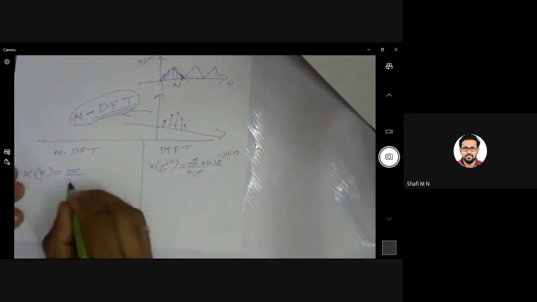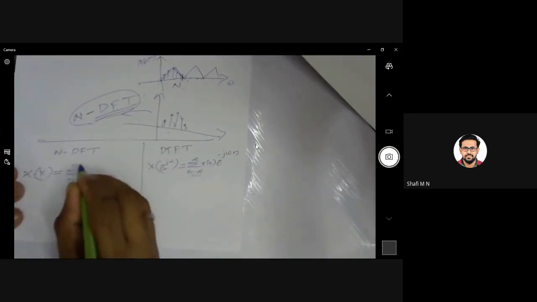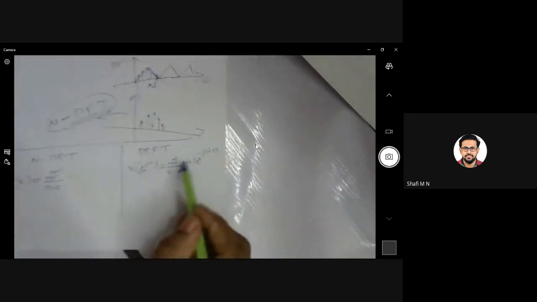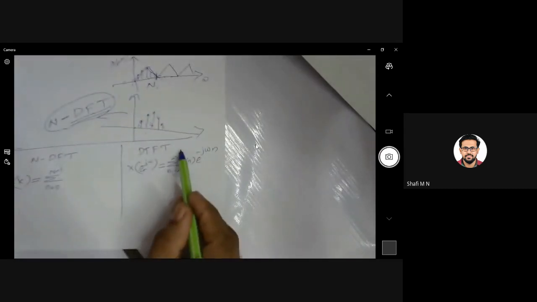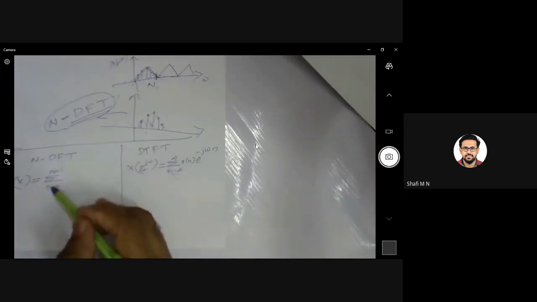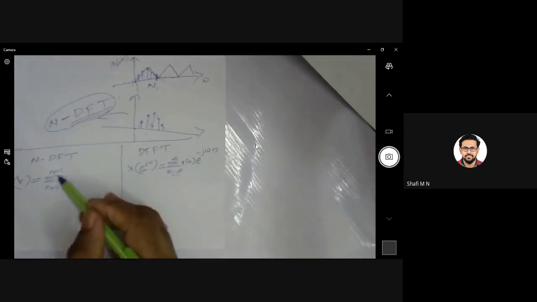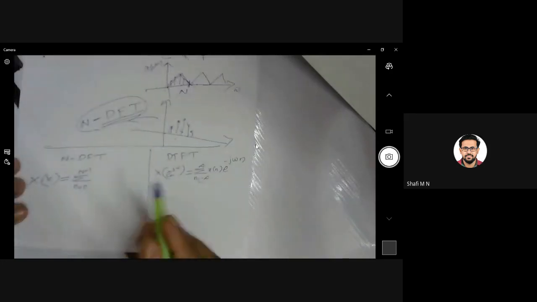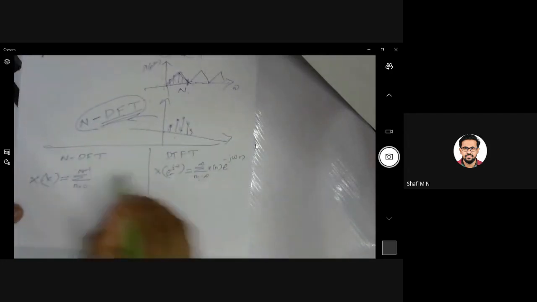Now it will be restricted from 0 to N minus 1. The reason is that when it is discrete in one domain, it has to be periodic in the other domain. Your signal was in the span minus infinity to infinity; now it will be periodic in nature. That's why you represent it in 0 to N minus 1 only. Got it?